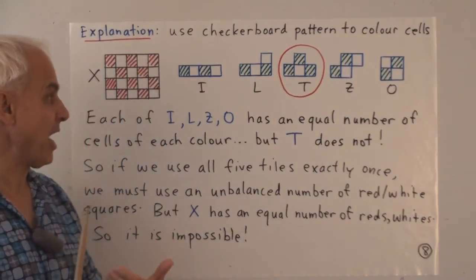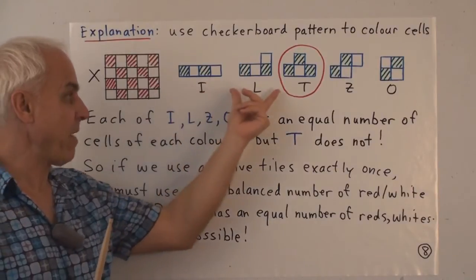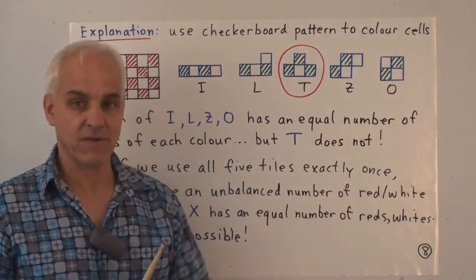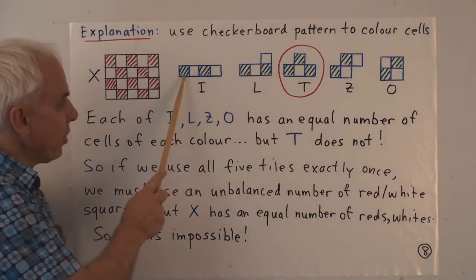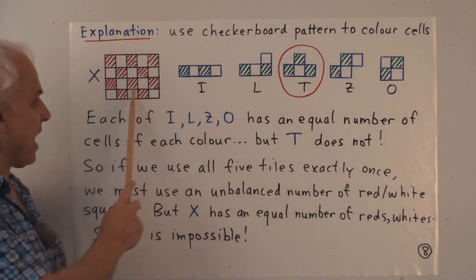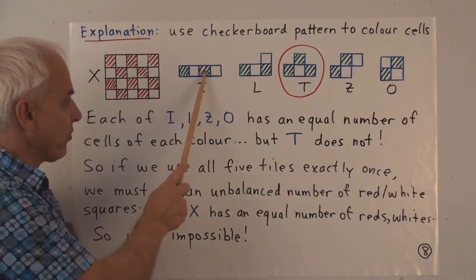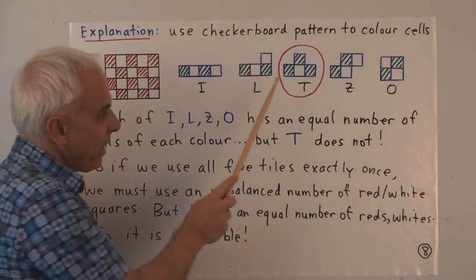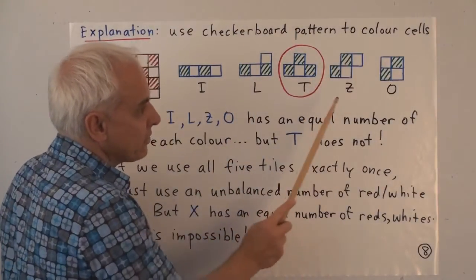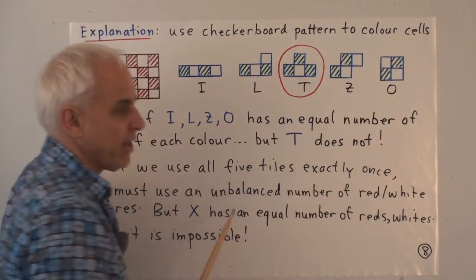And think of the same kind of checkerboard pattern for each one of our 5 tetrominoes. So here we have, say, one color, let's say green, because it doesn't have to be the same as this color. Green, white, alternating.